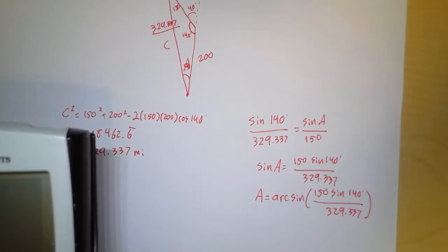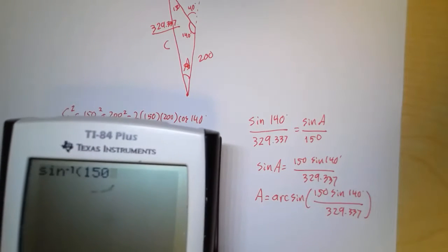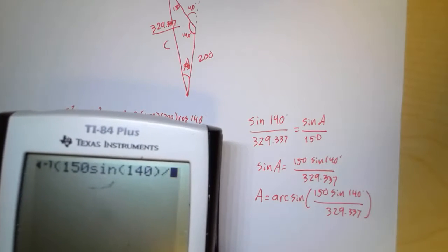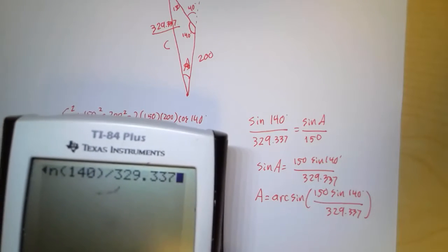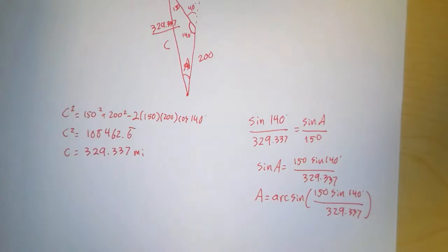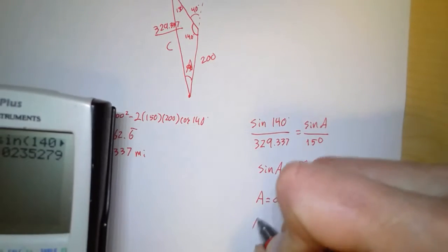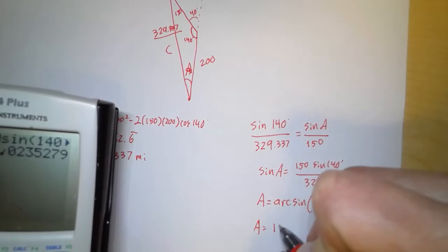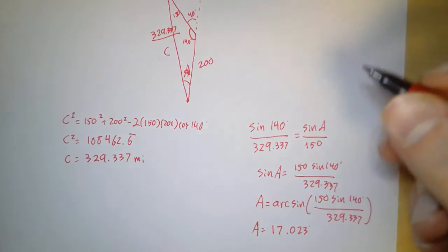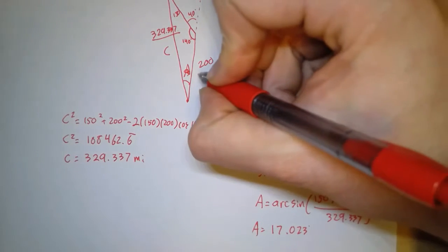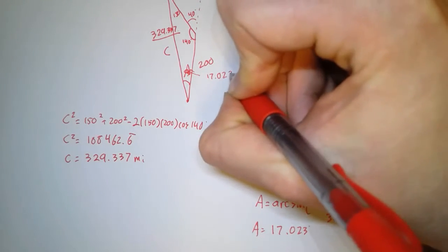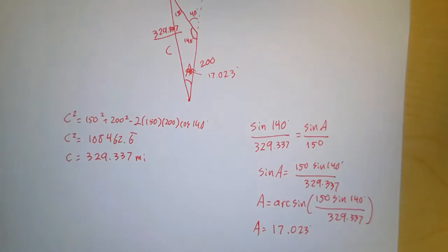Arc sine of 150 sine of 140 degrees, close off the parentheses, divided by 329.337, and we get an angle A of 17.023 degrees. So that is the angle inside there, 17.023 degrees.